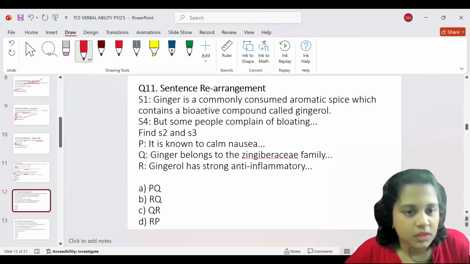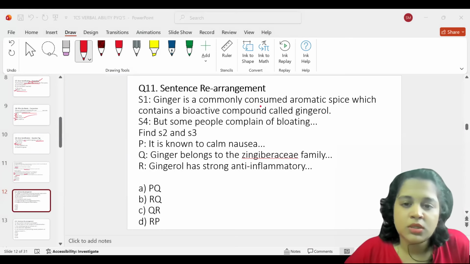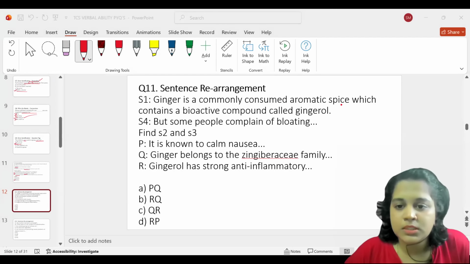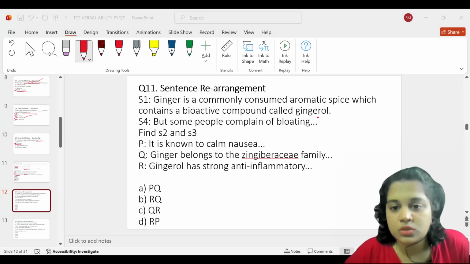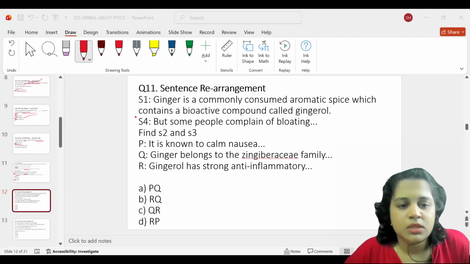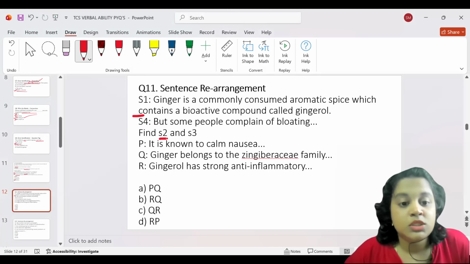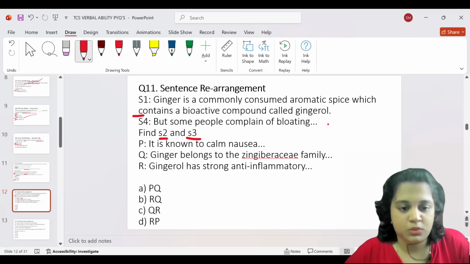Ginger is a commonly consumed aromatic spice which contains a bioactive compound called gingerol. And two sentences are supposed to come in between, which is S2 and S3. The last sentence is: some people complain of bloating. Okay, and we're supposed to find S2 and S3 from P, Q and R.